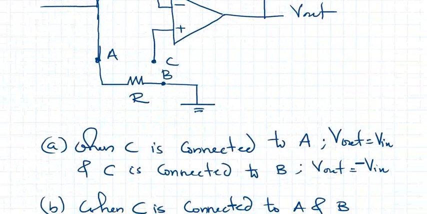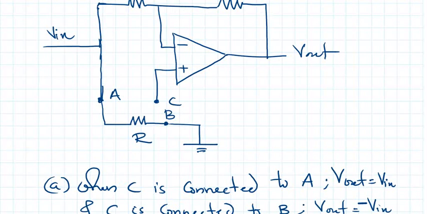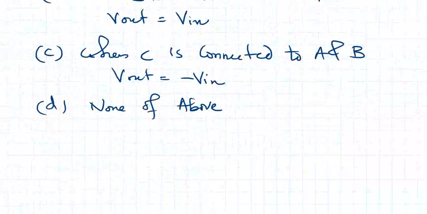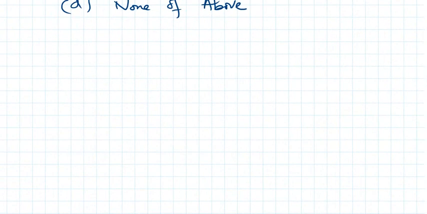When C is connected to A, what will be the effective circuit? I just want to draw this effective circuit first. Let this point be Vx.